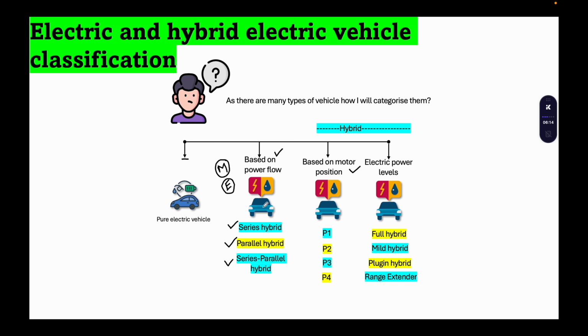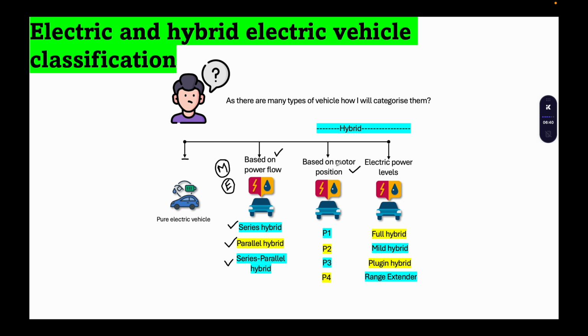You can combine both configurations later on. Once you have a deeper understanding, you can avoid the confusion between the series hybrid or P1 or P2. But for now, if you want to understand, you can consider these three categories.